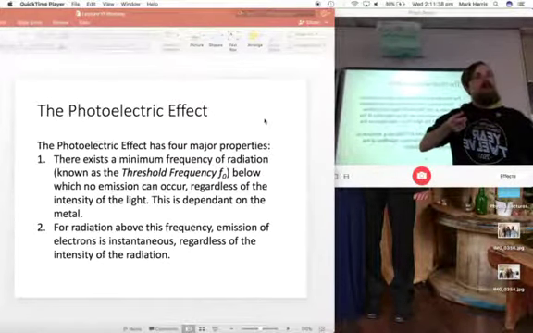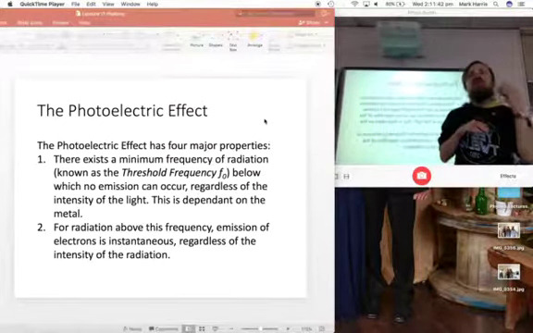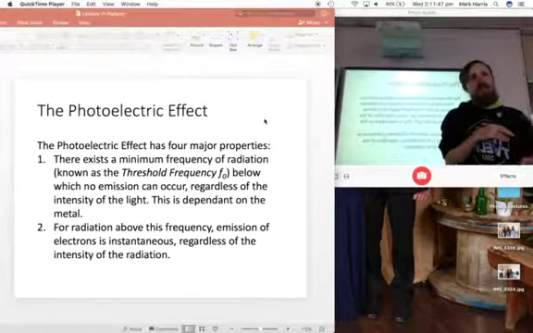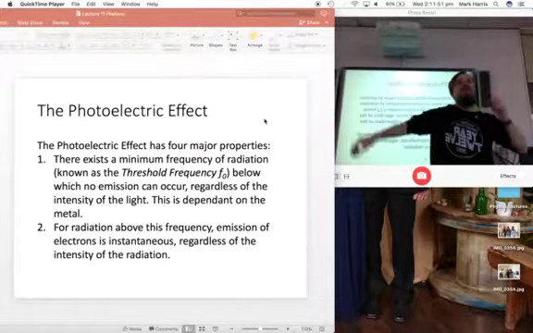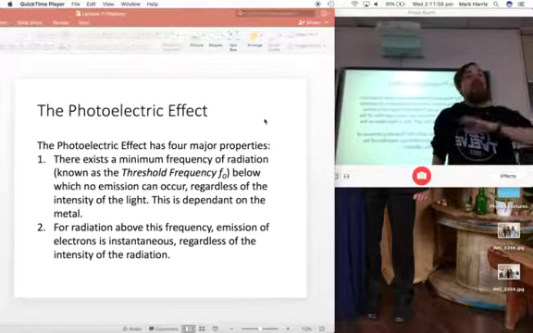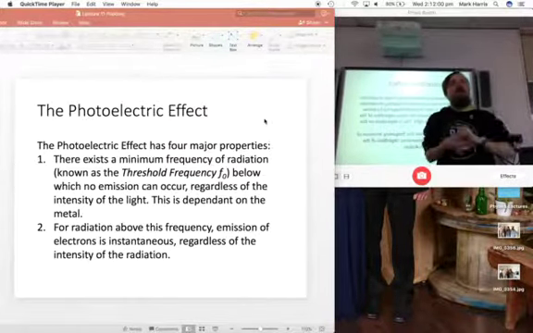What happens? Lots of electrons come off. As soon as you hit that threshold frequency, the electrons come off, but it has nothing to do with the intensity. You turn the intensity all the way down, to one photon coming out per second. And it's set to green, so very low intensity, but set to green. What happens every second?